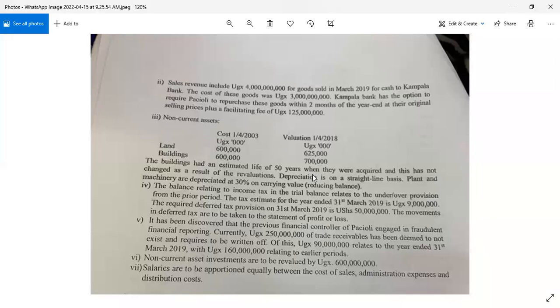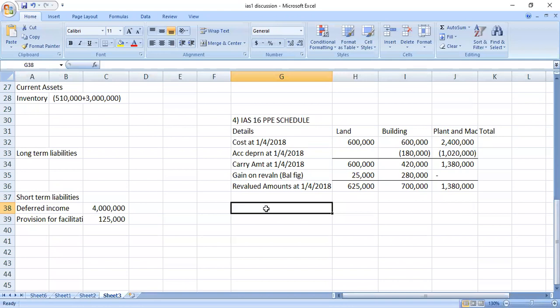So let's do the math. Take it to my working. Looking at the depreciation, looking at the remaining useful life of the revalued building.